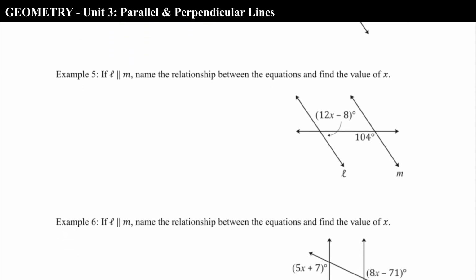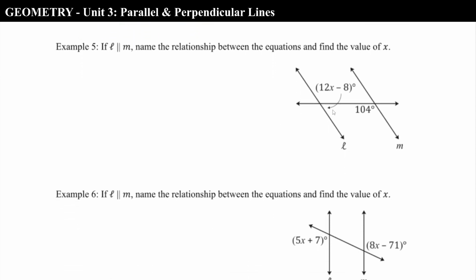Now in example 5, we have consecutive interior angles. Okay, so that means that they have to add to give us 180 degrees because they are supplementary.